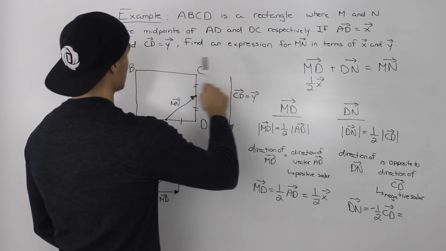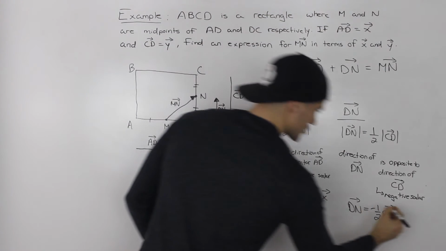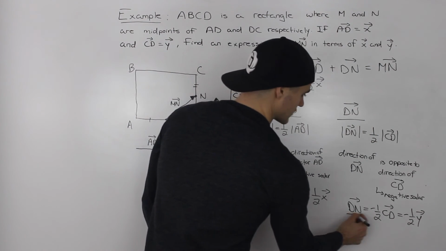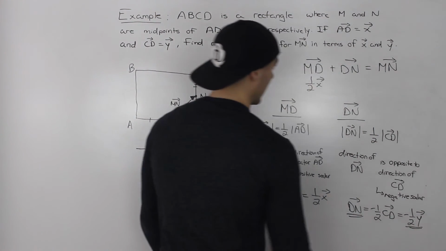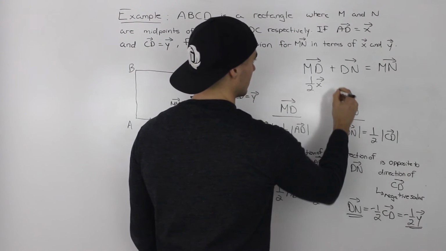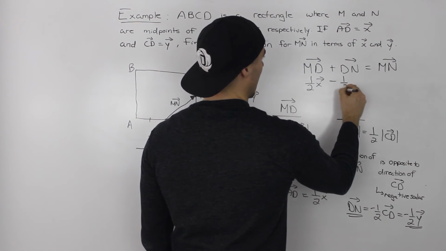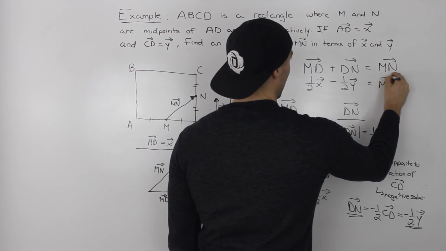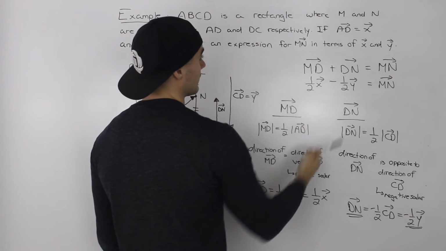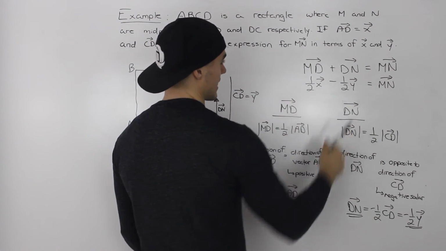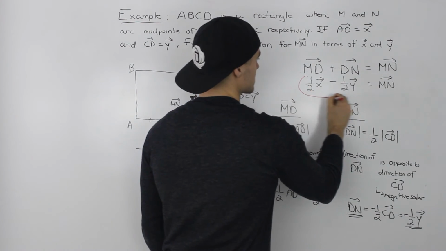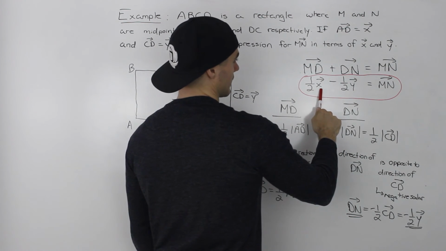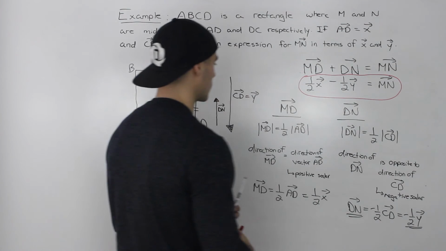And since CD is given as Y, we can just write negative 1/2 Y. So this vector DN is equal to negative 1/2 Y, and plugging that in here, we get minus 1/2 Y, which is equal to our vector MN. Now we have an expression for MN in terms of vector X and vector Y. Our final answer, over here in red, is vector MN equals 1/2 vector X minus 1/2 vector Y.